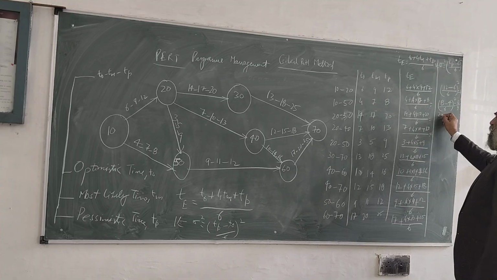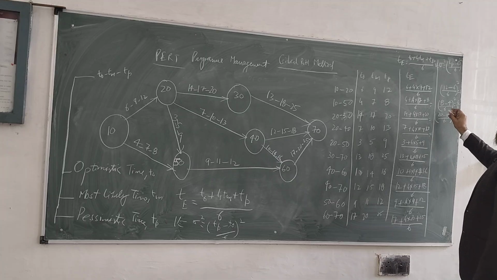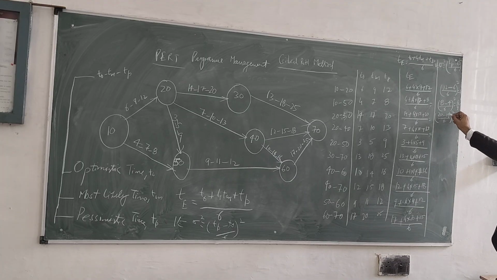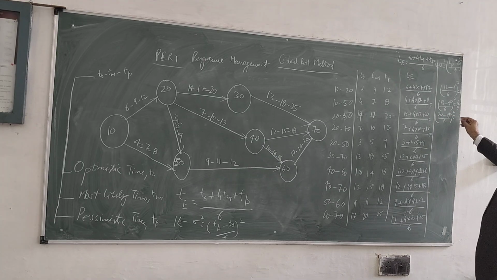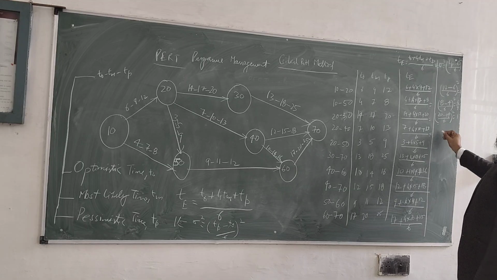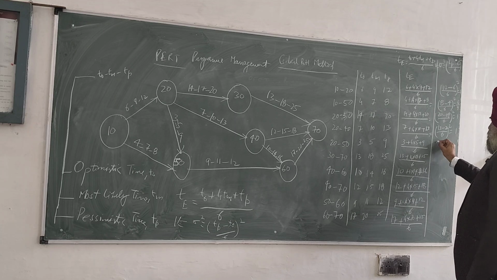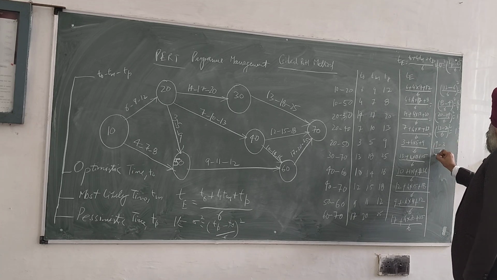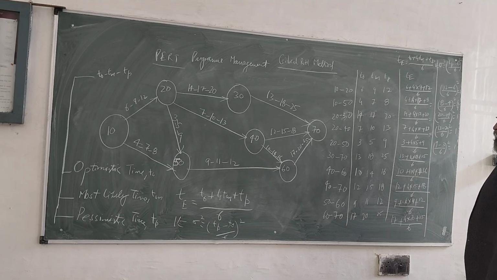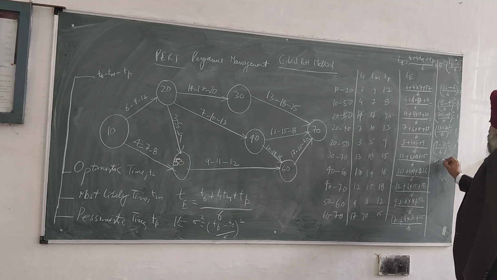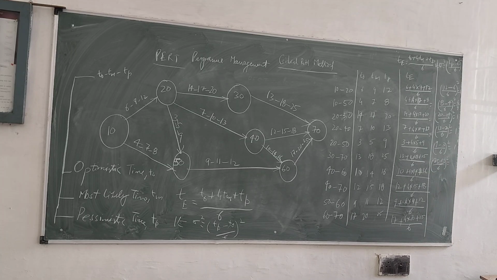Similarly, this is (20 minus 14 over 6), pessimistic time minus optimistic time divided by 6, whole square. This is 1. Similarly, (13 minus 7 over 6) whole square is 1. (9 minus 3 over 6) whole square, again 1. (25 minus 13 over 6) whole square is 12 by 6, which is 2, so 4 here.